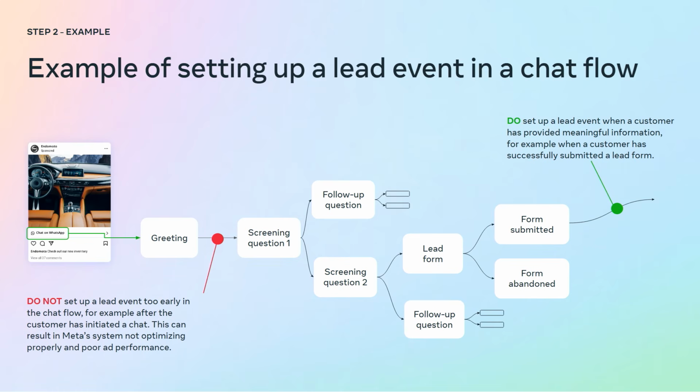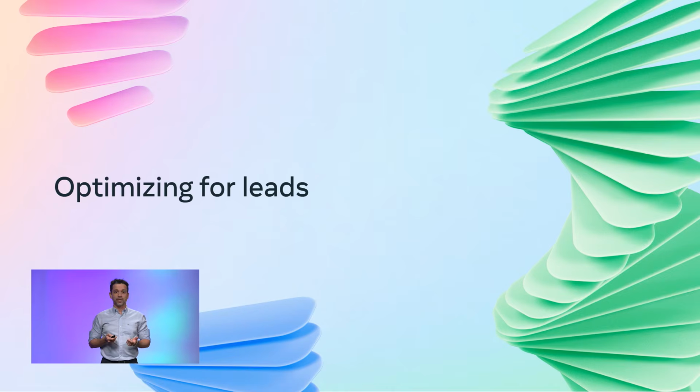The signal should only be sent after a customer shares meaningful information about themselves or their needs, and not once the conversation has started earlier in the funnel. Now that you're eligible, you need to set up campaigns optimizing for leads and evaluate their performance. Let's see how to do that.